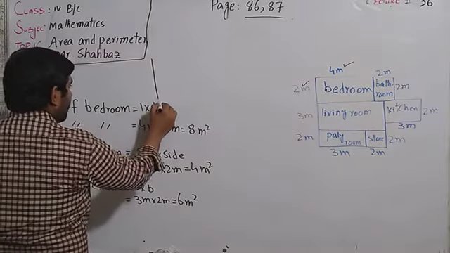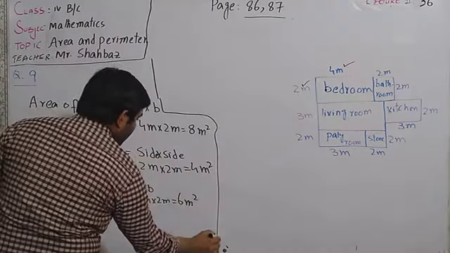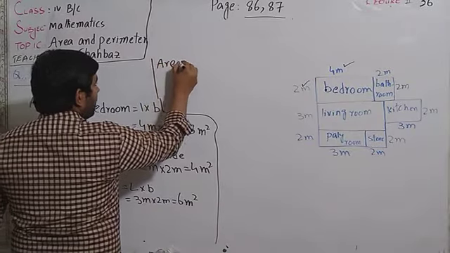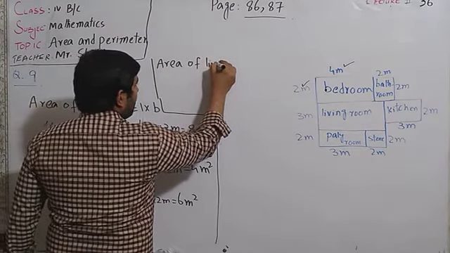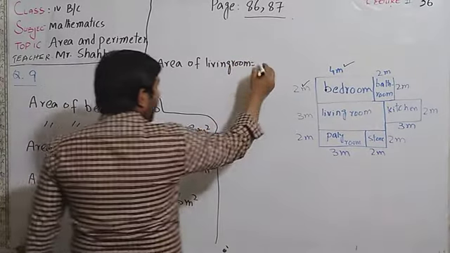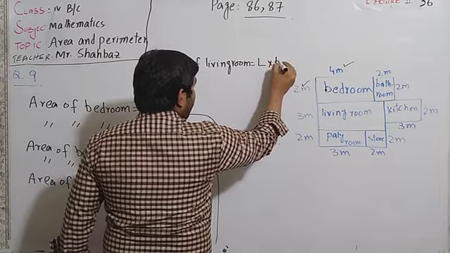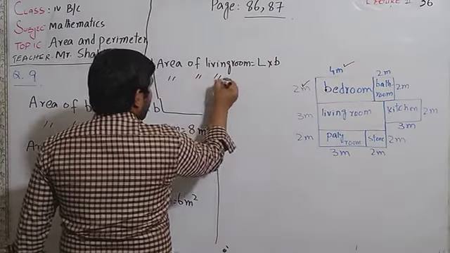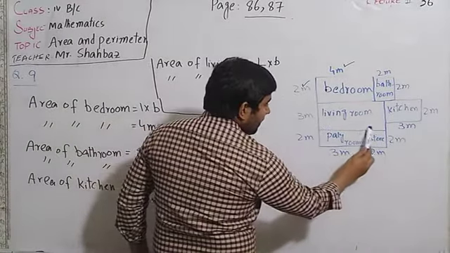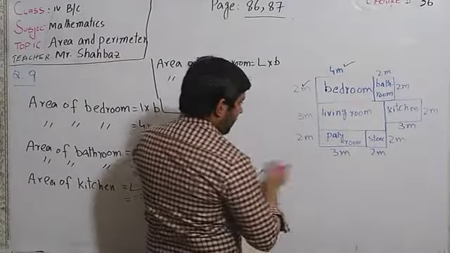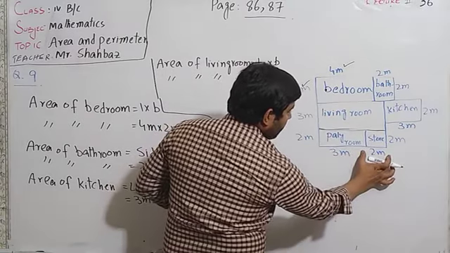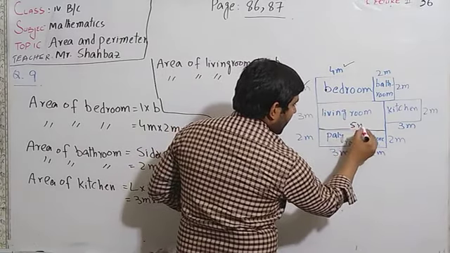Area of living room will be the same, length multiplied by breadth. What is the length? Here is the point: the length is not given. Here you see on the opposite side, this is 3 meter plus 2 meter, so the length will be 5 meter.